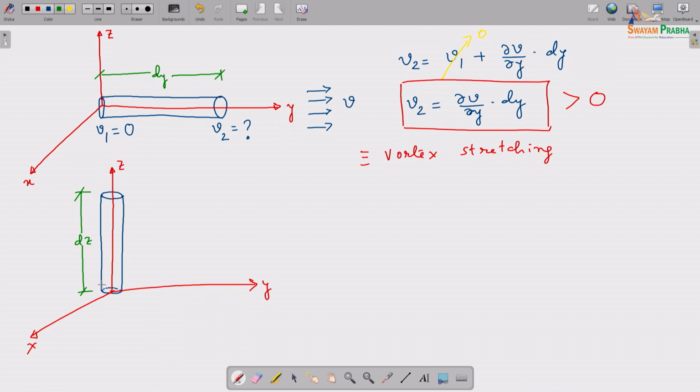Here it was vortex stretching. Now, let's just say the vortex does this movement.